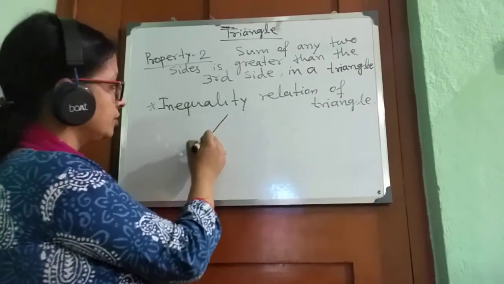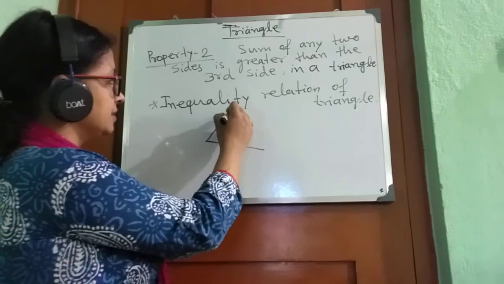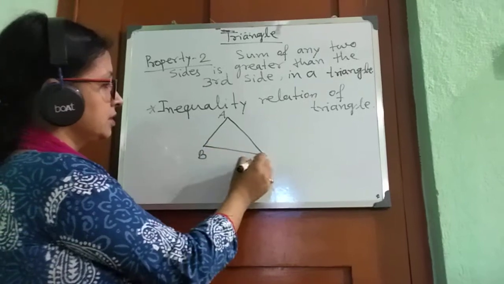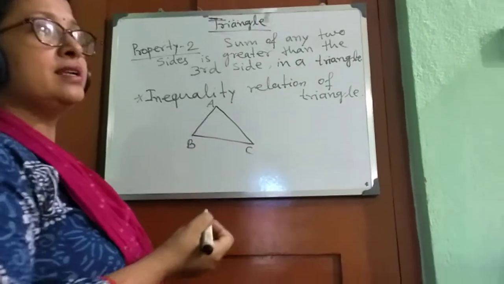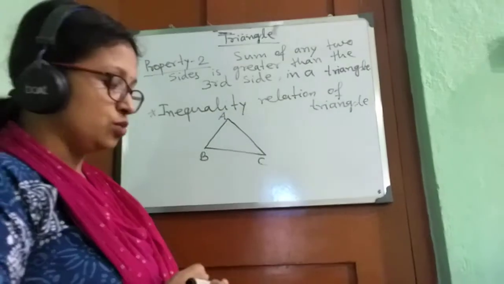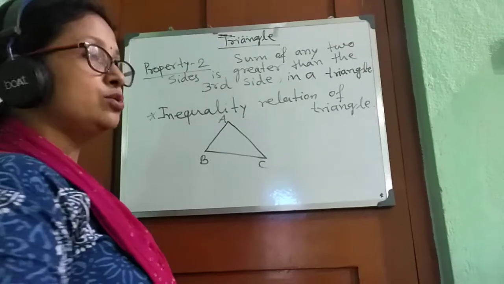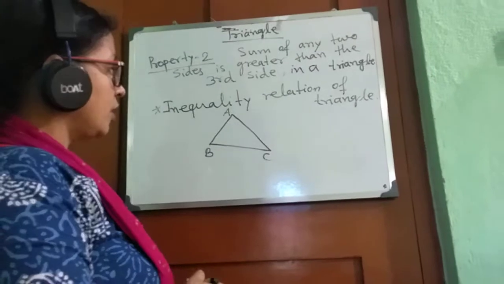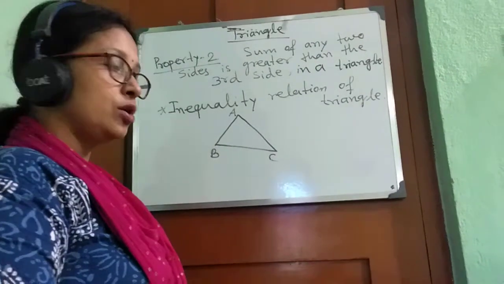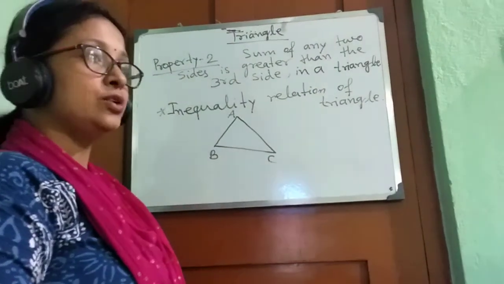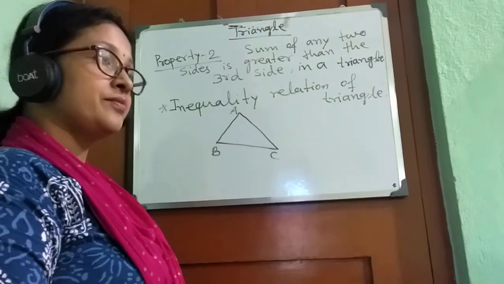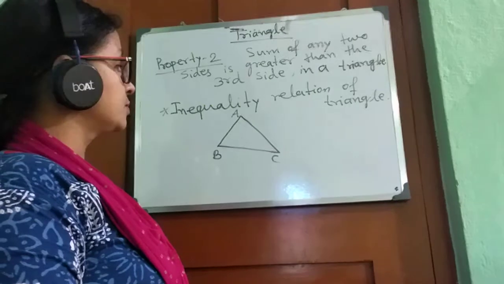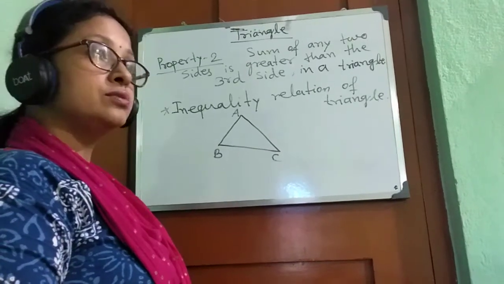If you draw any kind of triangle, and any two sides are unequal, not equal, then obviously the opposite angle of the greater side will be greater and the opposite angle of the smaller side will be smaller.